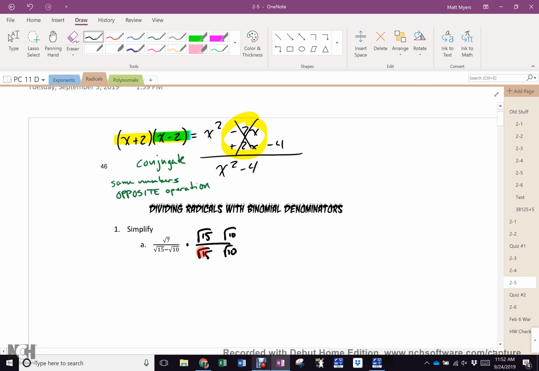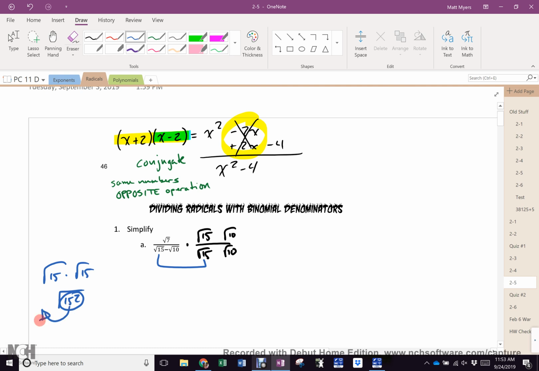But we have to make the radical disappear. Well, what happens when I do first? Will that eliminate a radical? Why? Right, because that is root 15 times root 15, which is the root of 15 squared.